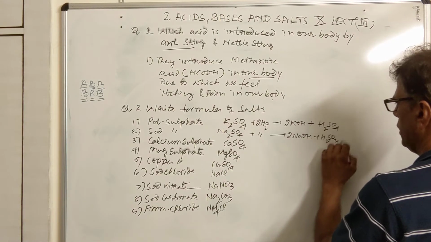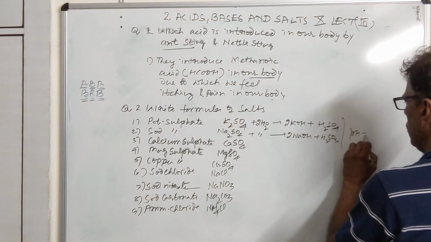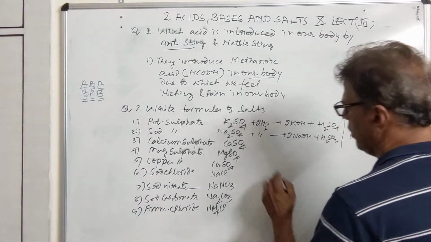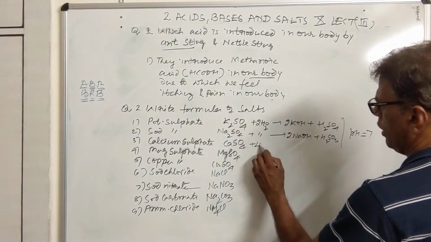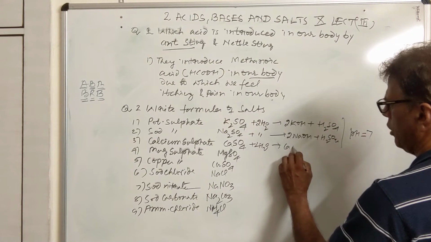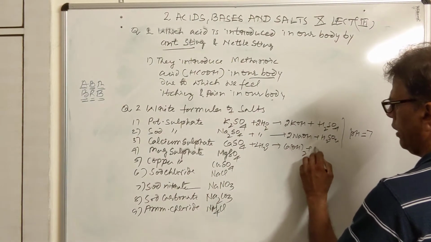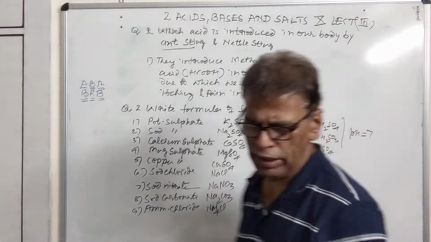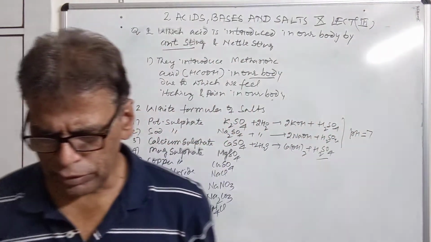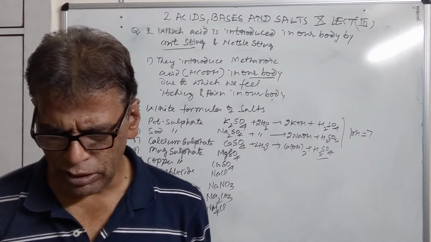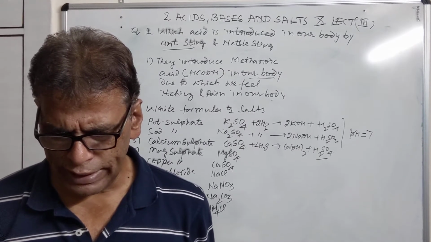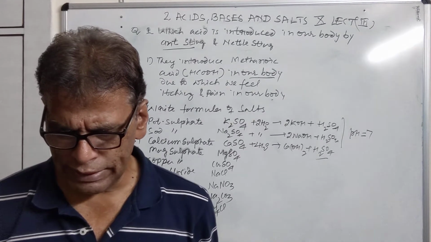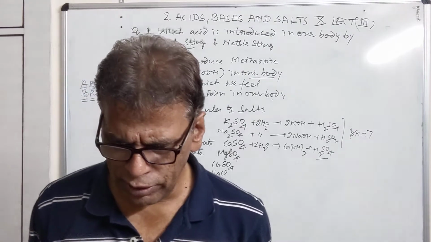They are strong, so the pH of this solution will be equal to 7. Then with water, we get calcium hydroxide and H2SO4. This solution will have an acidic character, because H2SO4 is a strong acid compared to calcium hydroxide.